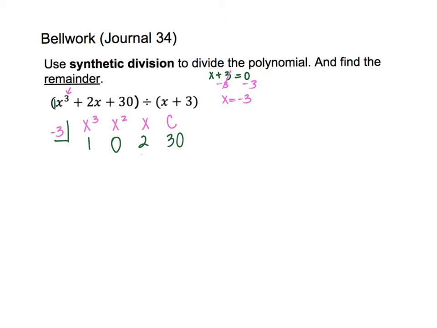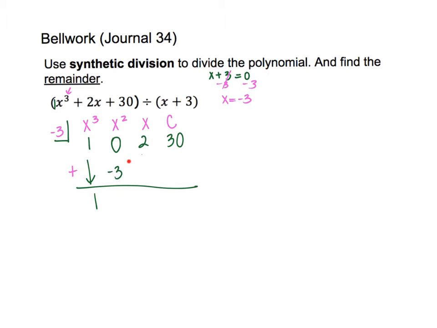Now from here, to use synthetic division, you always bring down the first number. Then the numbers underneath, under the line, will always get multiplied by the number in the box. So 1 times negative 3 gives me negative 3. And then you always want to add your columns together.